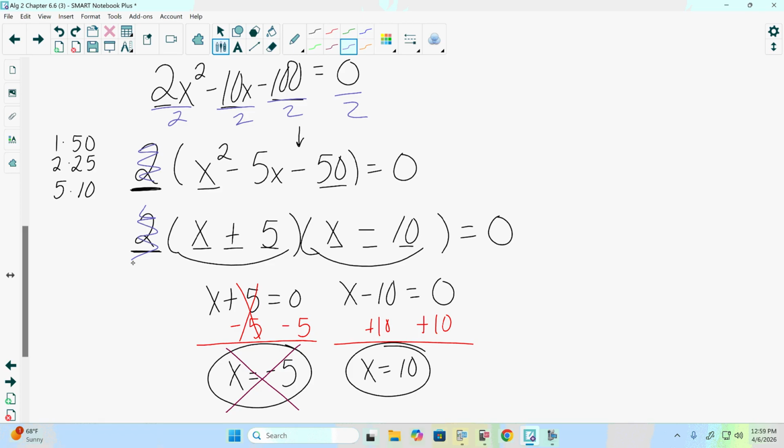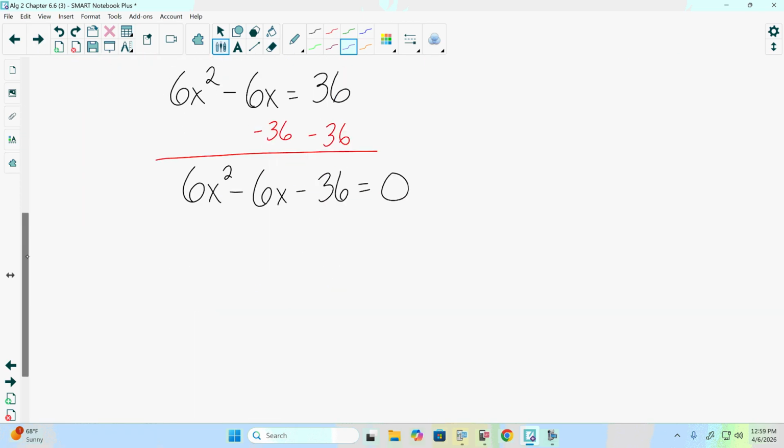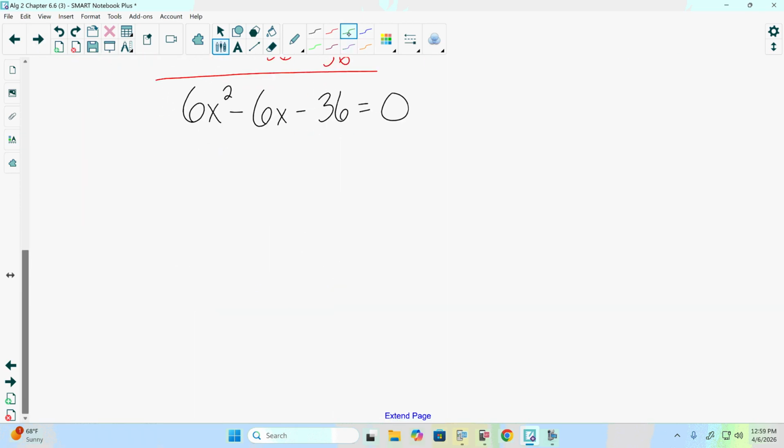No. So having the fact that there is this greatest common factor of 6, it feels like I could just divide everything by 6. 6x squared divided by 6 is x squared. Negative 6x divided by 6 is negative x. Negative 36 divided by 6 is negative 6. And lastly, 0 divided by 6 is 0.